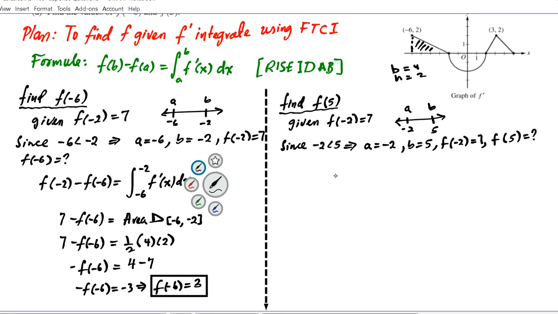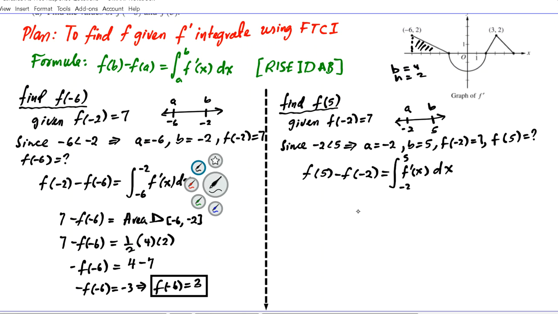Okay, so let's apply FTC part 1. So f of b, which is f of 5, minus f of negative 2, that's f of b minus f of a, equals the integral of the derivative f prime from a to b, so from negative 2 to 5, dx.